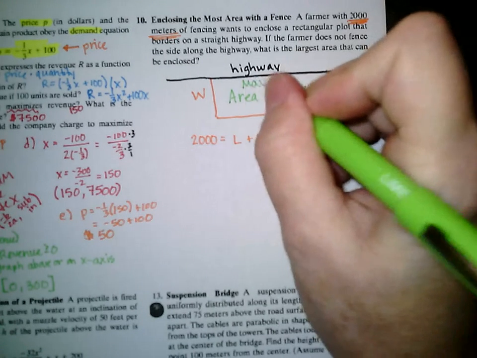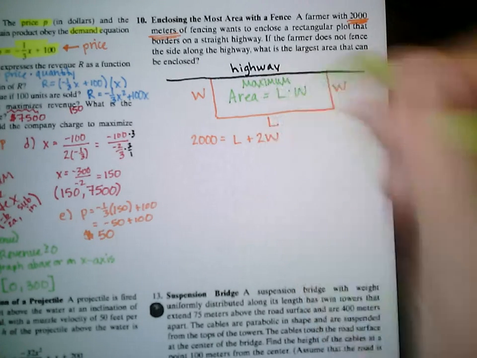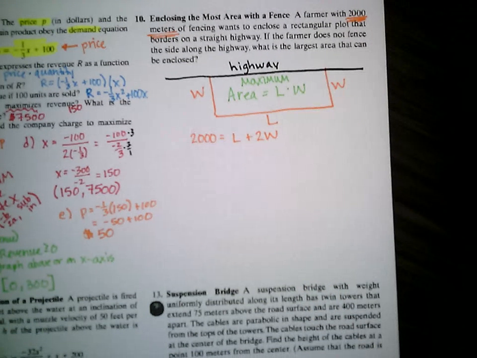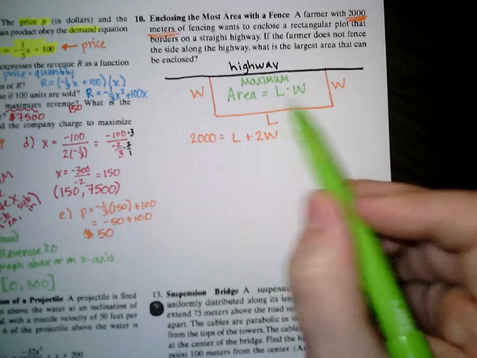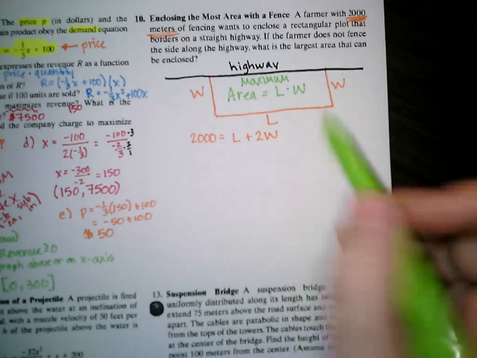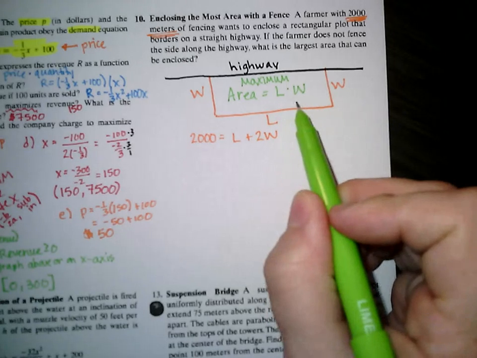And what they want us to maximize is area. So find maximum area. Anytime I see that word maximum or minimum, I'm thinking about parabolas, because they have a maximum if they open down and a minimum if they open up. So that's kind of what I have in mind. But since my area is length times width, I'm going to need to get that down to only having one variable.